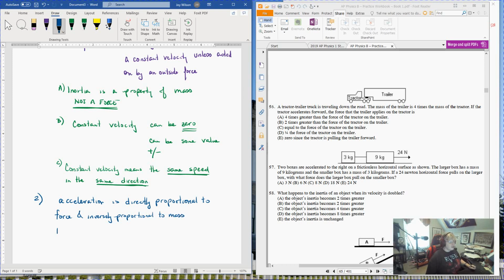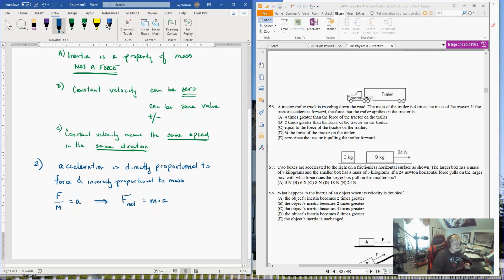In other words, force over mass equals acceleration. But usually the way we write it is the net force is equal to mass times acceleration. We tend to like the second format better because most of us don't like to write quotients. We prefer to write products. We like to see things multiplied together rather than divided.